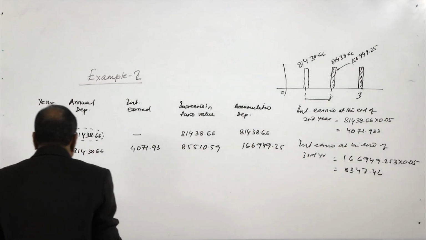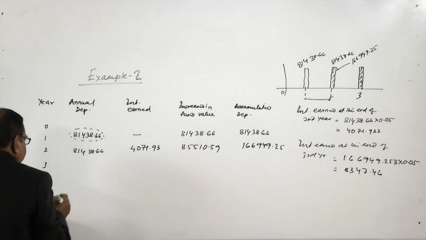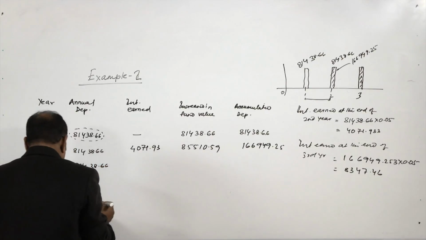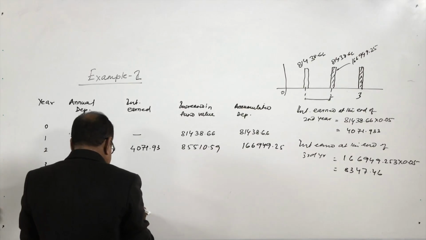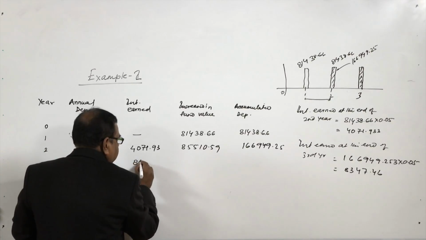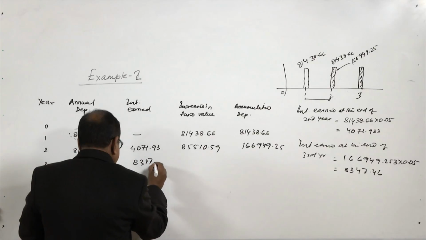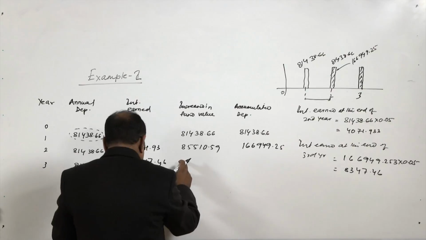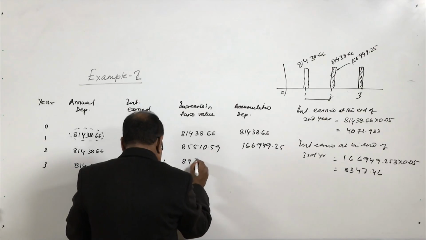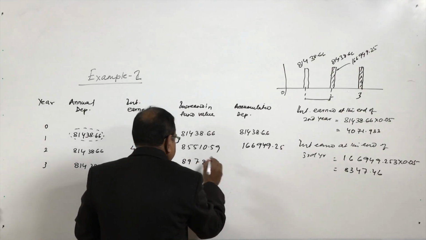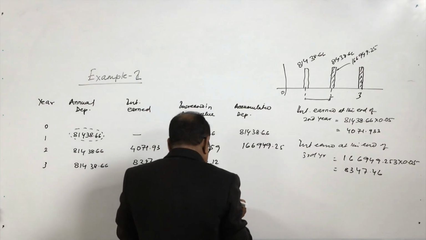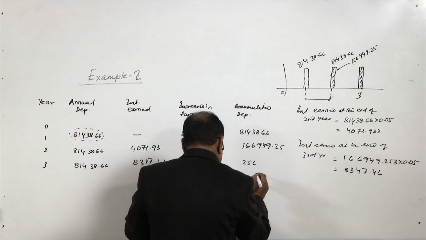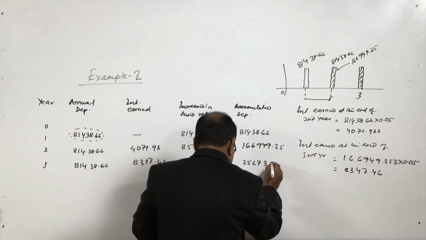So, I will have the payment again, 81438.66, plus the interest earned 8347.46. When added together, this is 89786.12, and this one becomes 256735.37.